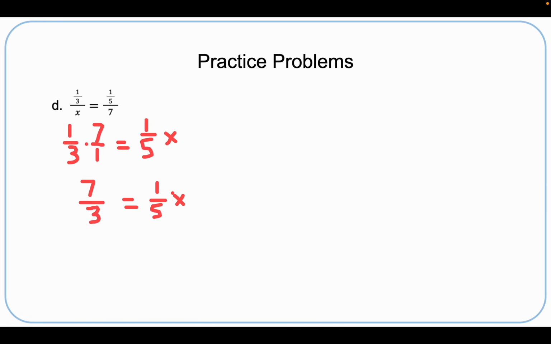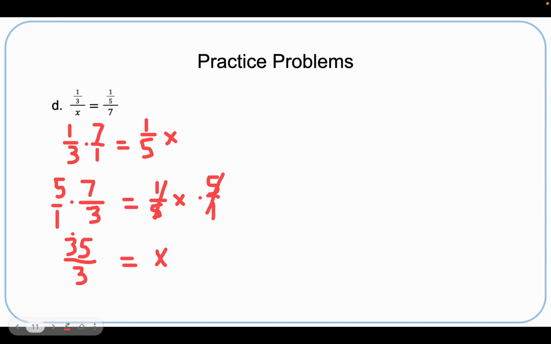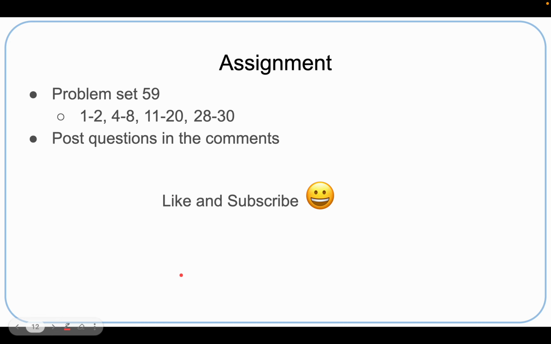And to get x by itself, we need to multiply this by the reciprocal of 1/5, so 5 over 1. What we do to one side, we need to do to the other. And then we can simplify. 5 times 7 is 35 over 3. And that's going to equal our 1/5 cancels our 5 over 1. So we're left with x. X equals 35 over 3.